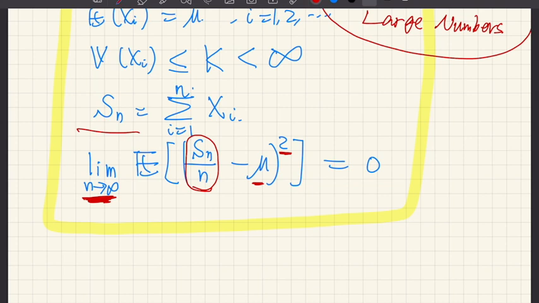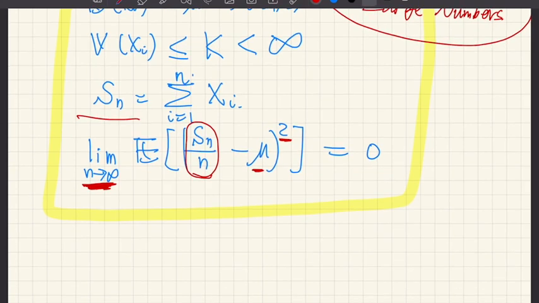By the way, in this case we take some deviation and take the square, and that converges to 0.